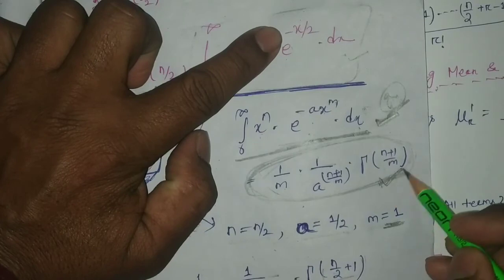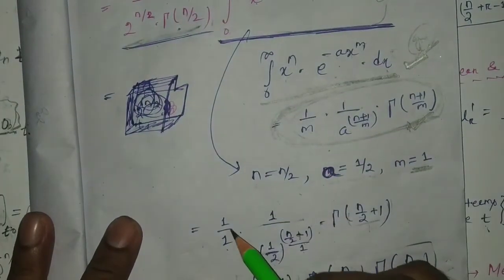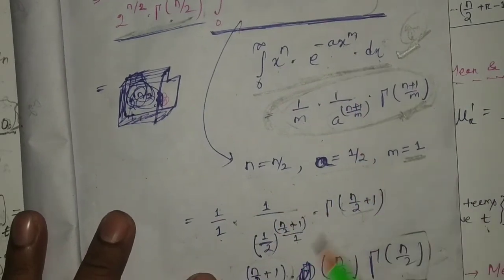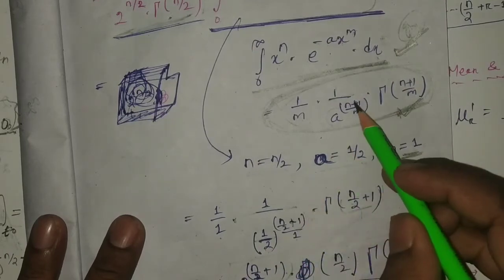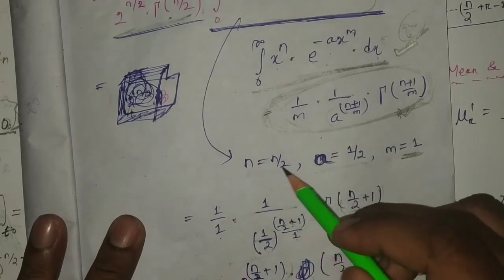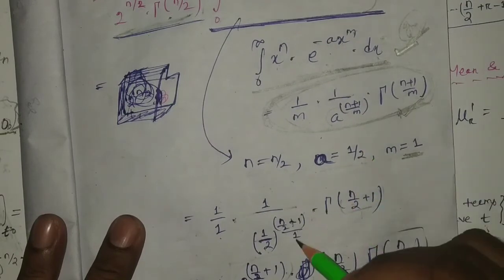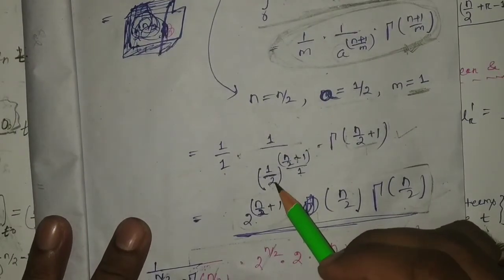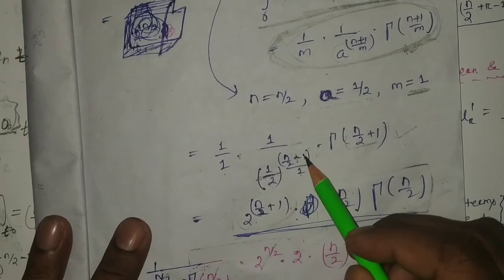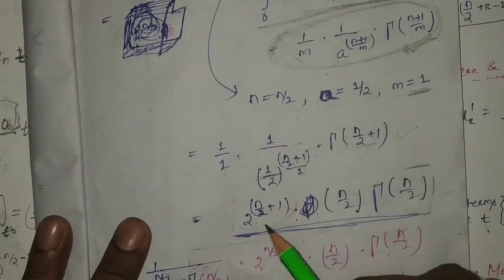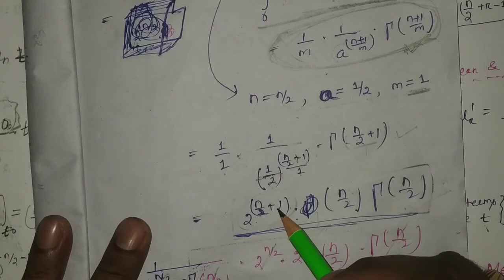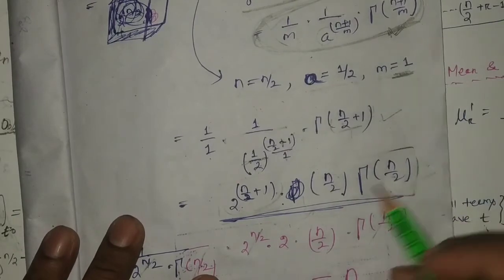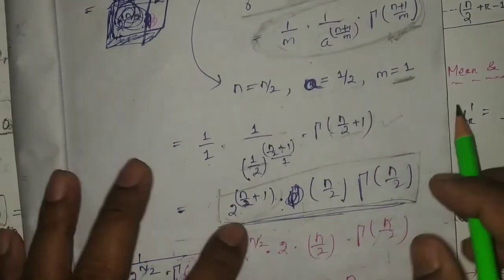Now we just use this formula: 1 by m means 1 by 1, into 1 by a, which is 1 by 2, to the power n by 2 plus 1 by m, which is 1, gamma n by 2 plus 1, right? Now here you can see 2 to the power n by 2 plus 1 is there. If this is moved to the numerator, it will be 2 to the power n by 2 plus 1. And gamma n by 2 plus 1 is nothing but n by 2 gamma n by 2.